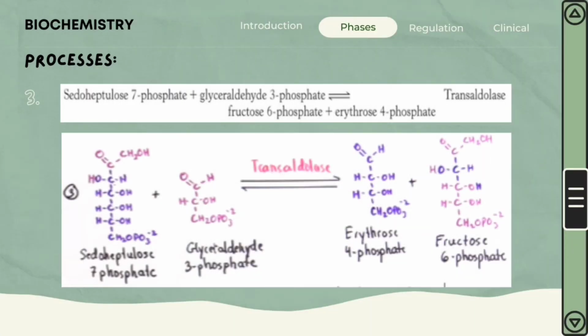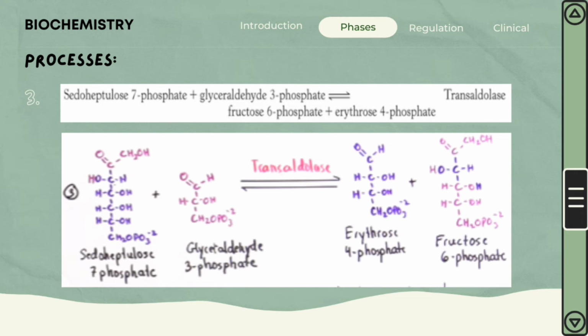In process 3 of the non-oxidative phase, we now take the sedoheptulose 7-phosphate and the glyceraldehyde 3-phosphate, and these two products will act as reactants in process number 3. Now, the enzyme in this particular case will be different.